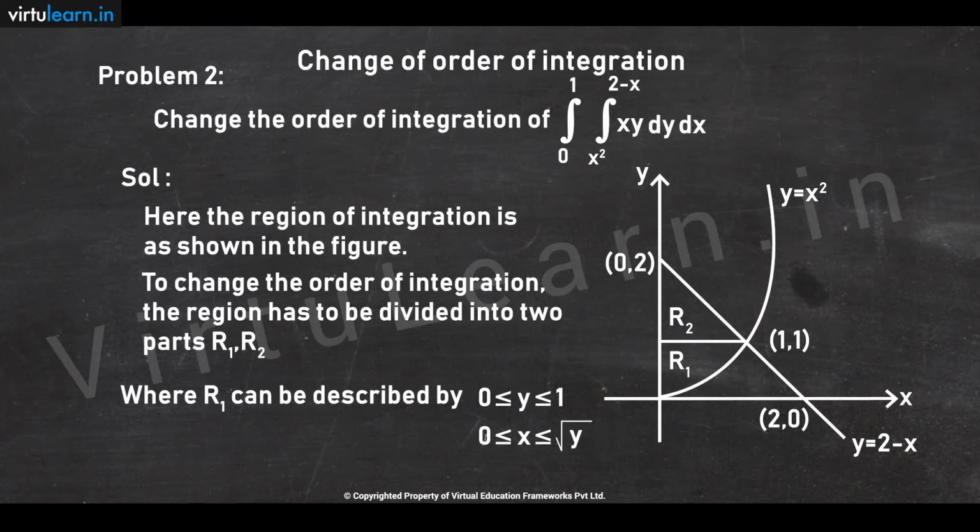It is bounded by two curves: the y-axis at the left, described by x equal to 0, and the parabola described by x equal to root y at the right side.